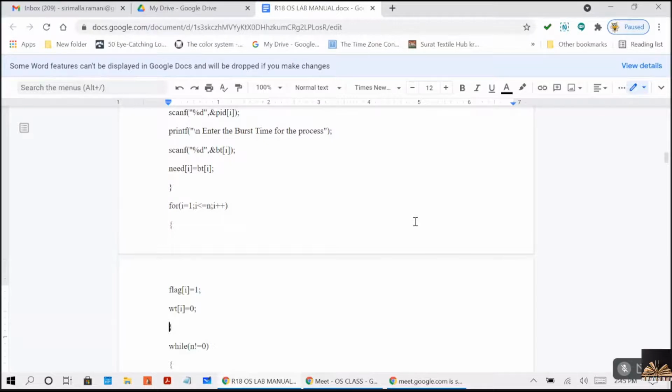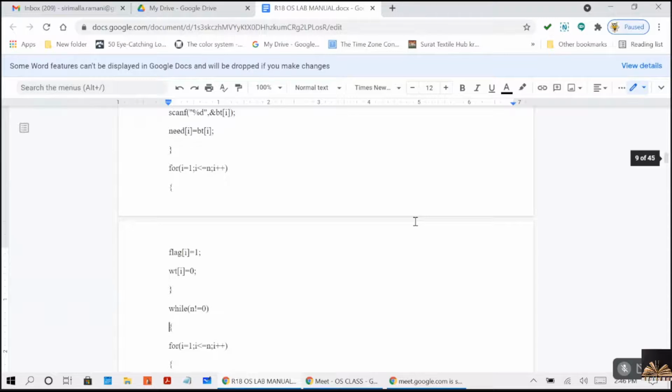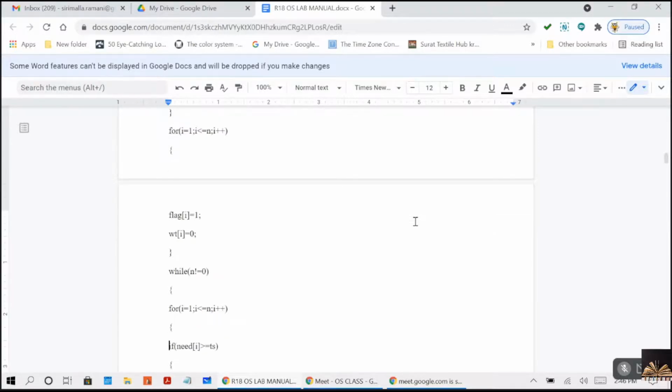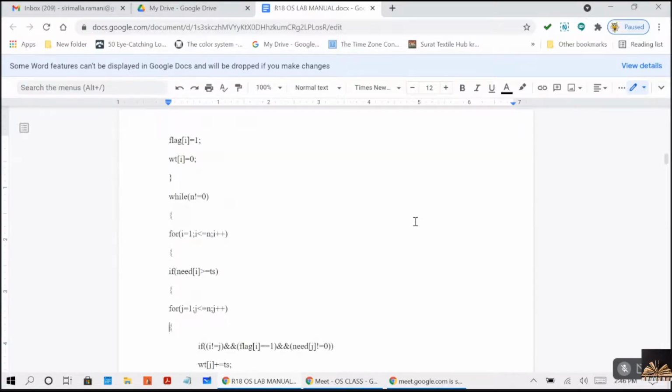So for the first job, I am making flag equal to 1. What do you mean by flag equal to 1? The job is still executing, so it was not done. For the first job, you all know waiting time would be 0 only, right? So I'm keeping a while condition n not equal to 0. That means there are still processes remaining.